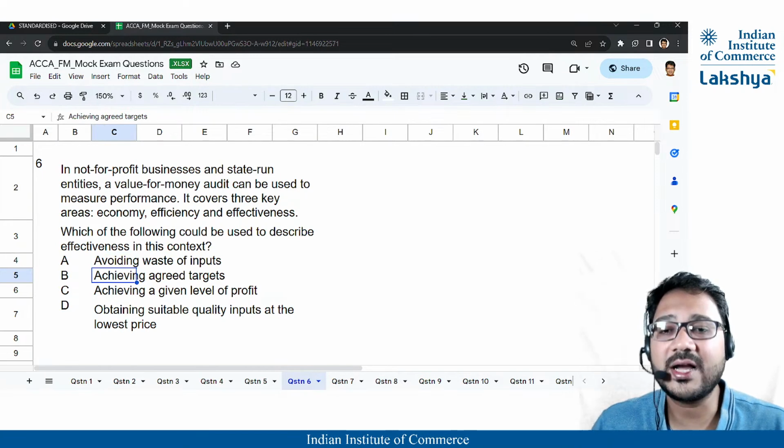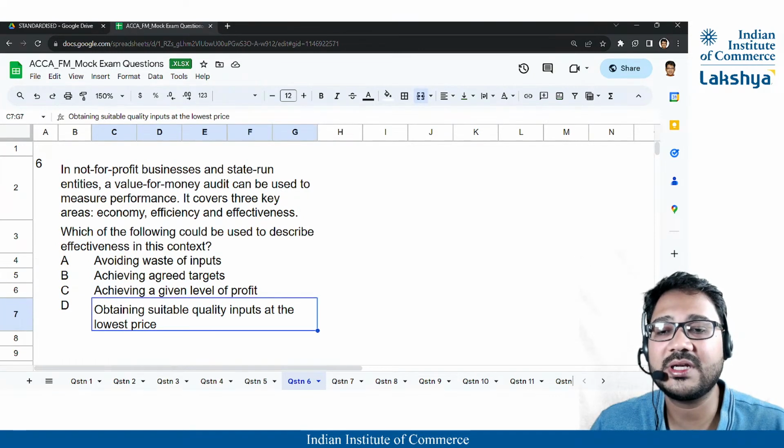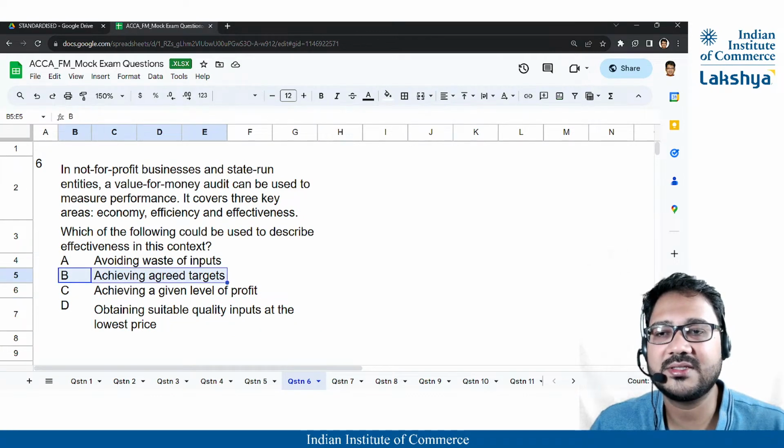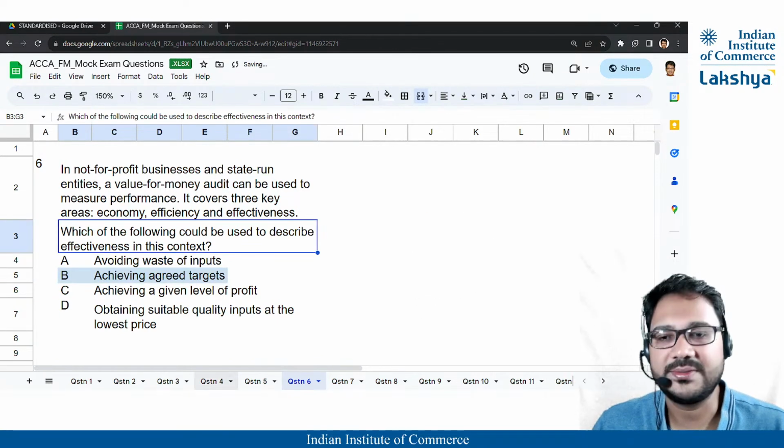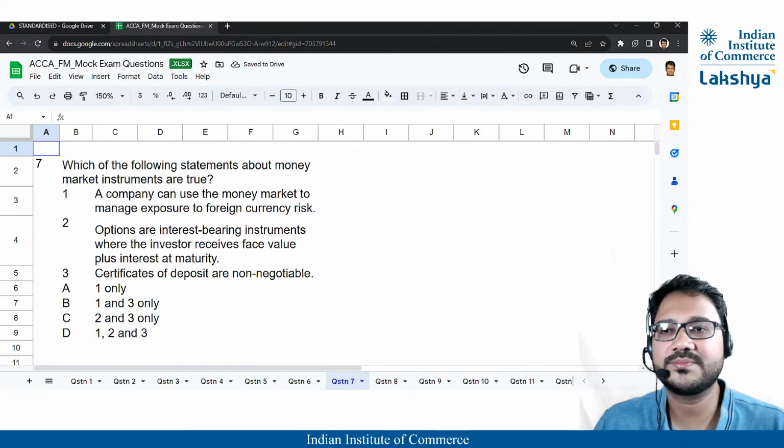Achieving agreed targets, that is effectiveness. Achieving a given level of profit, obtaining suitable quality inputs at the lowest price, that can be maybe efficiency. So for us, it's effectiveness we have been asked. So B. Right. Moving on.